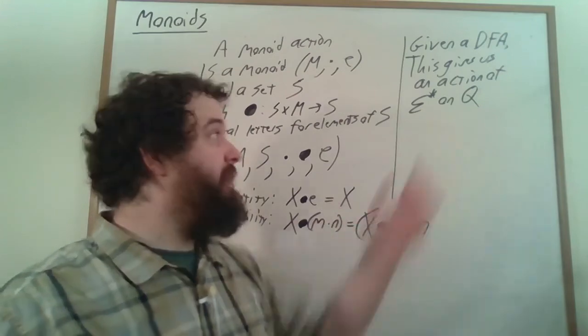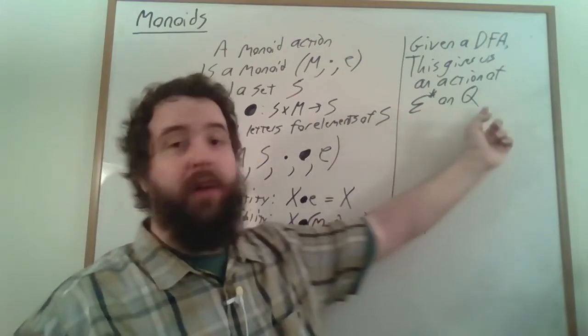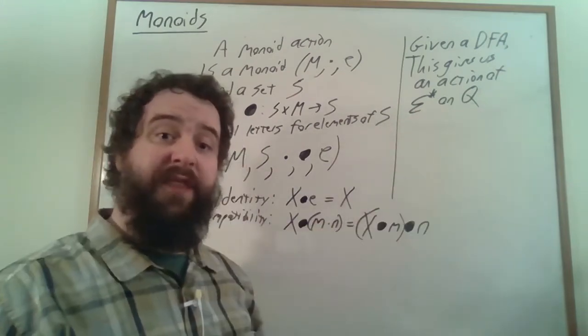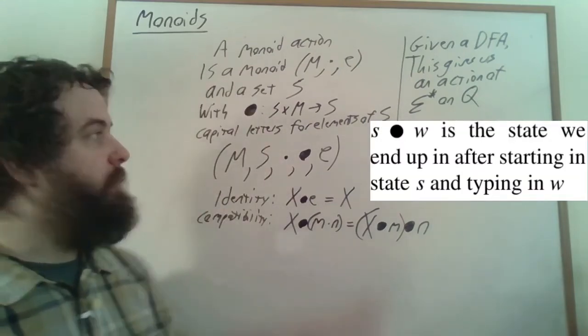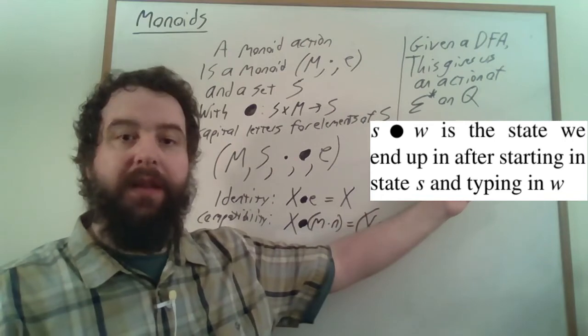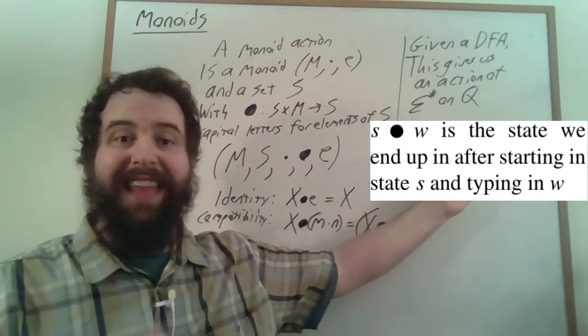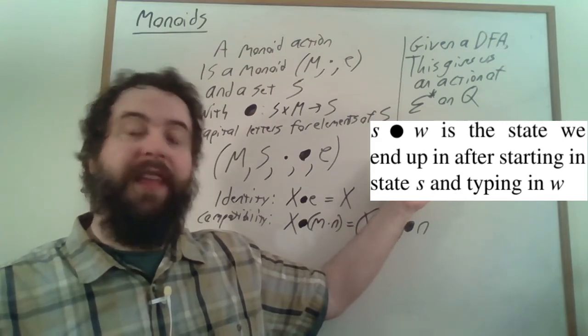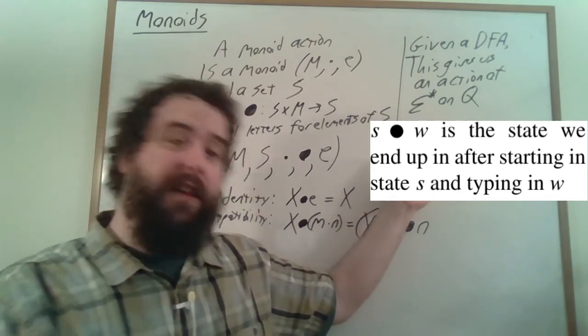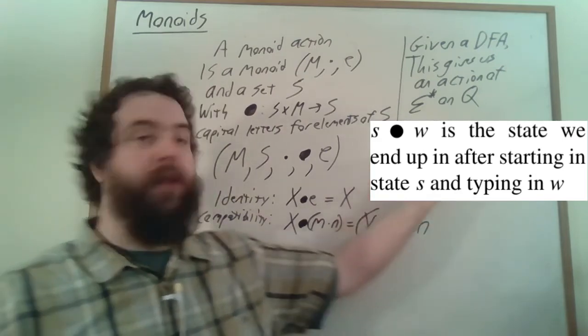Specifically, given a word and a state, we simply imagine what would happen if the finite state automaton was in that state and we typed in this word character by character. That's going to give us a new state, and that's going to be the output of this operation.